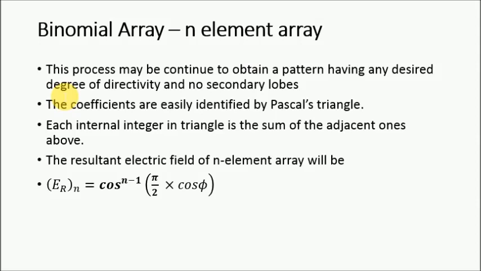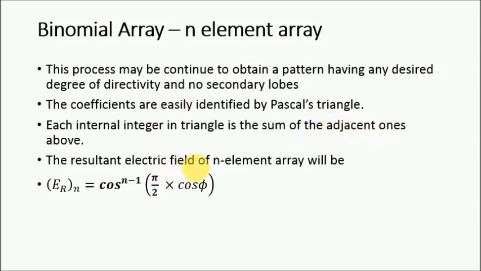It is observed that it does not have secondary lobes, and the coefficients can be obtained using the binomial array, or binomial coefficients, and can be calculated using a simple technique called Pascal's triangle. Each internal integer in the triangle is the sum of the adjacent ones above.